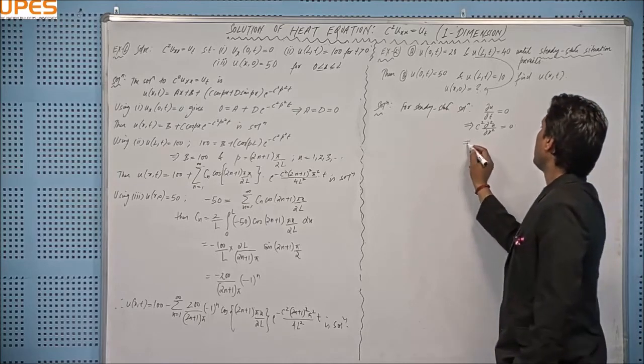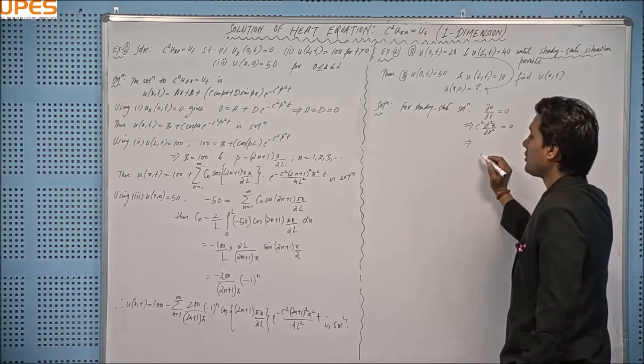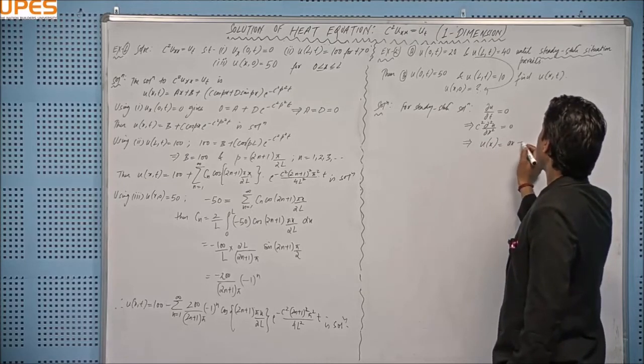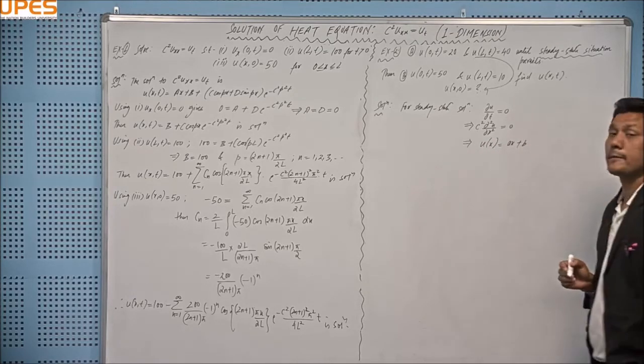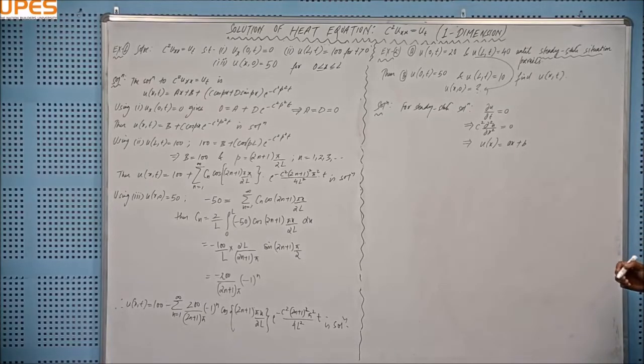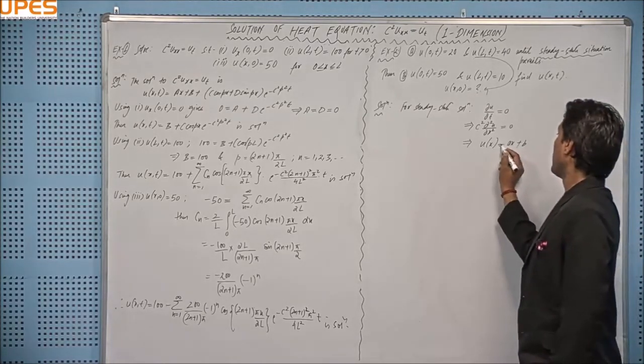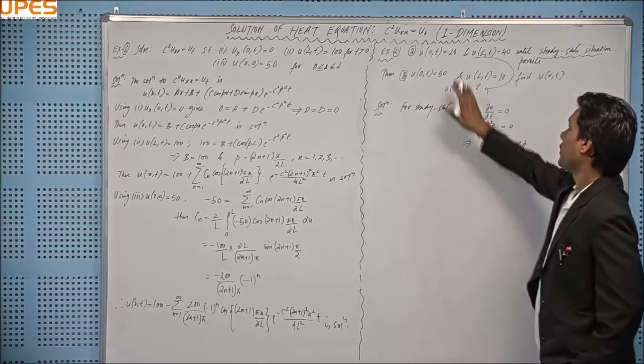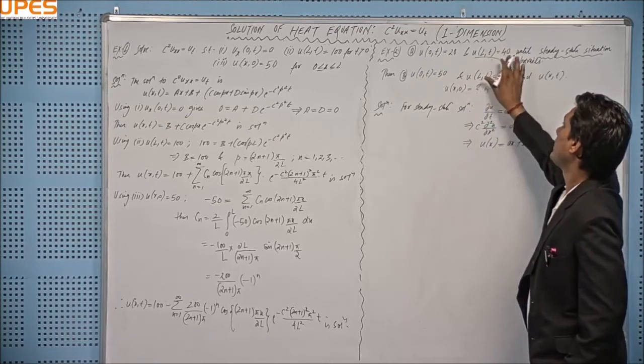And since c is a constant, ∂²u/∂x² equal to 0 will give me a linear solution. Integrating it twice will give me u(x) equal to ax plus b. Now you know that the left hand was initially at 20 and the right hand was initially at 40.